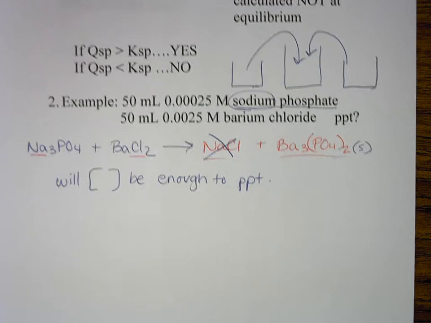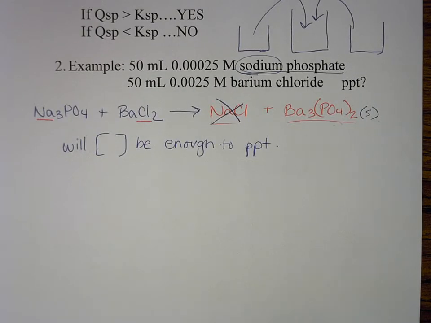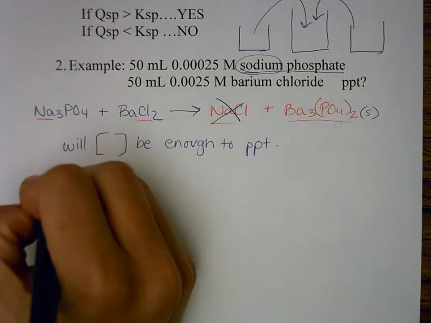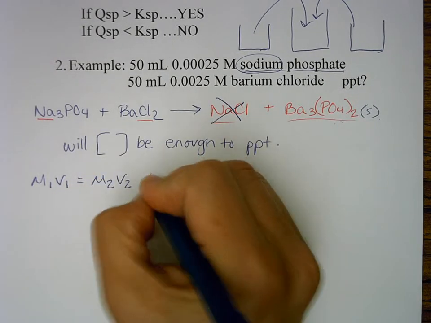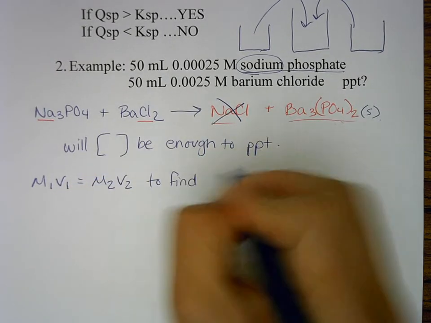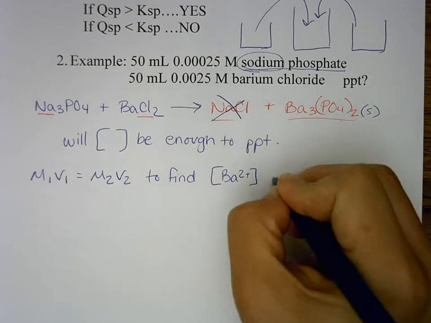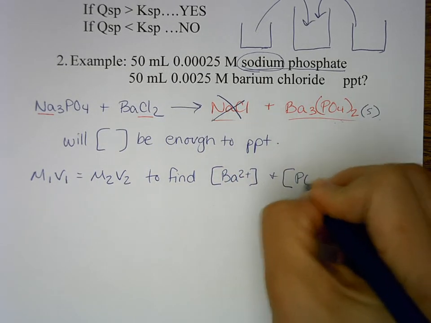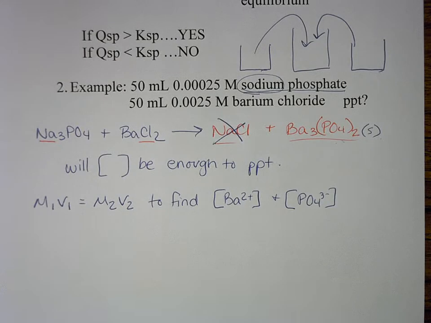So what I first need to do, and I'm just going to give you kind of the steps, I need to do M1V1 equals M2V2 to find the concentration of barium ions and the concentration of phosphate ions. Because once I mix them together into one big new solution, the concentrations are going to be different because I'm mixing 50 milliliters and 50 milliliters.